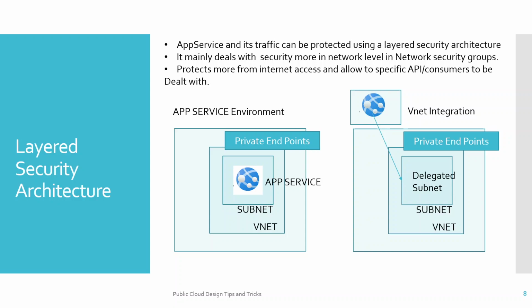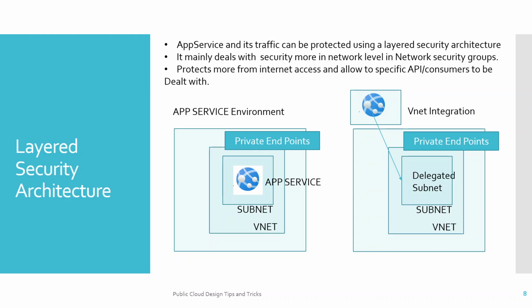Networking means it's your private area, and within that private area you can have an IP range defined, which is a subnet, and you can have an App Service hosted within that zone, or within that network boundary. In a way, you can always control the incoming and outgoing traffic to the particular App Service or the web applications. That is one extra layer of security at the network level that you are giving to the App Service, controlling from where and to where the traffic will go. That is the layered security architecture in App Service Environment.